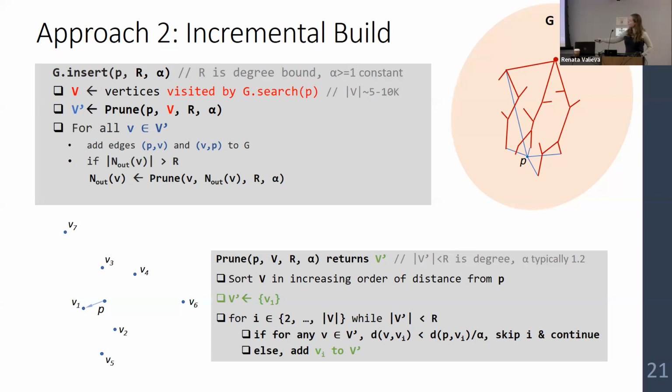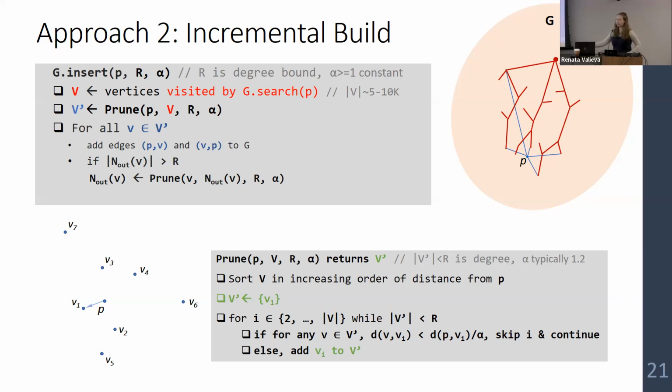So if for any V in V prime, that's already been added, the distance between V and VI is less than the distance between P and VI divided by alpha, which is a factor greater than 1 here, skip I and continue.